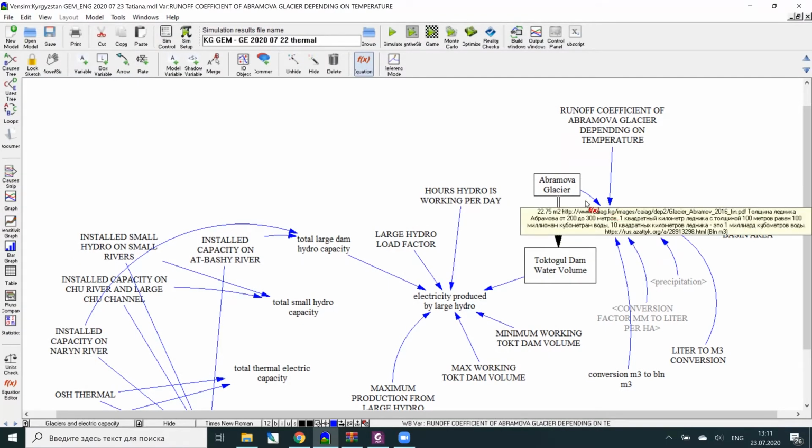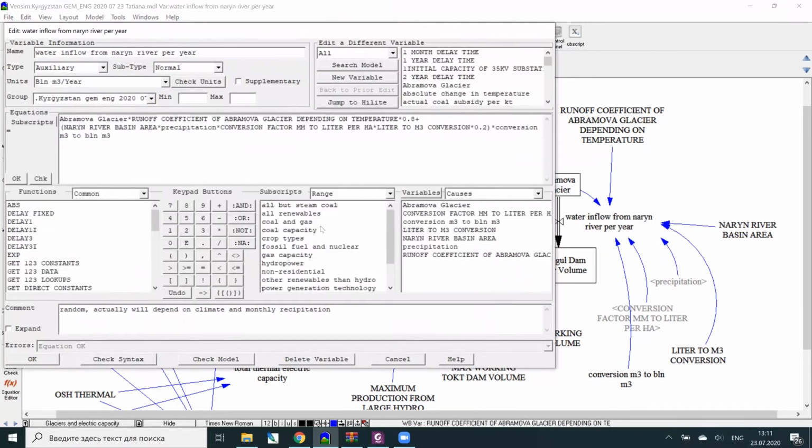And so basically, this equation is something like this: 80% depends on the glacier. So we have the glacier capacity by runoff coefficient, depending on temperature, multiplied by 80%, plus 20% depending on the river, which is Naryn River basin area, multiplied by precipitation, which is actually per month in our case, multiplied by conversion factor of millimeters to liter, and multiplied by conversion liter to cubic meter, and then converted to billion cubic meters as well.